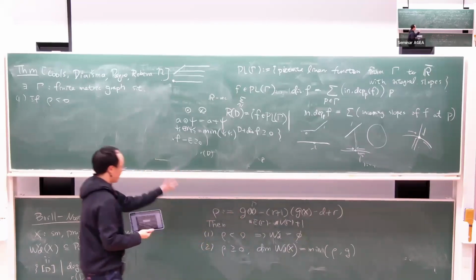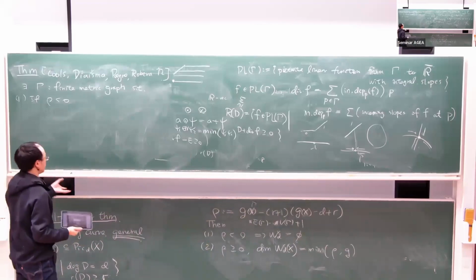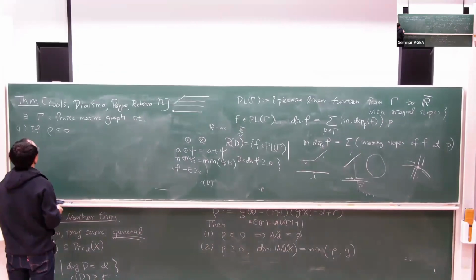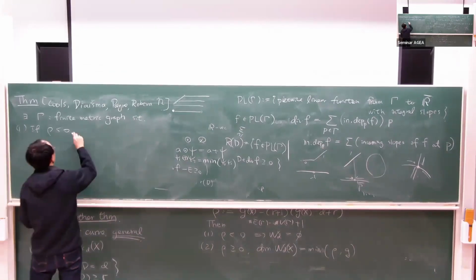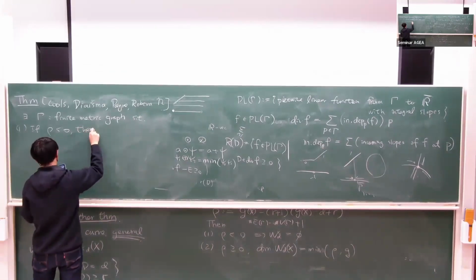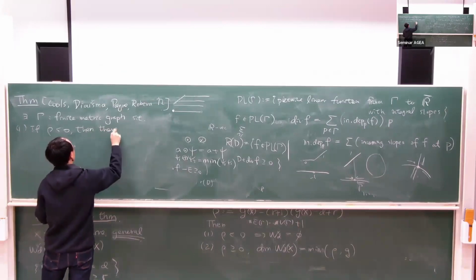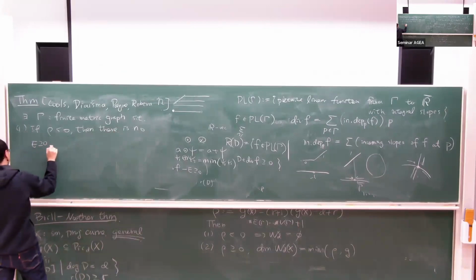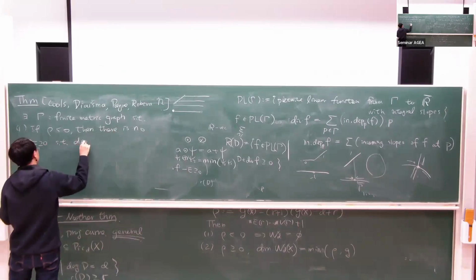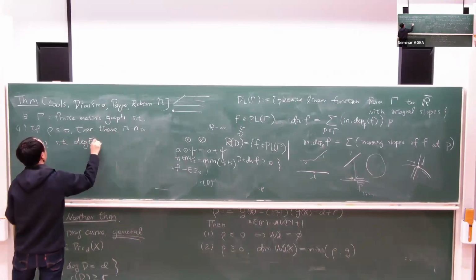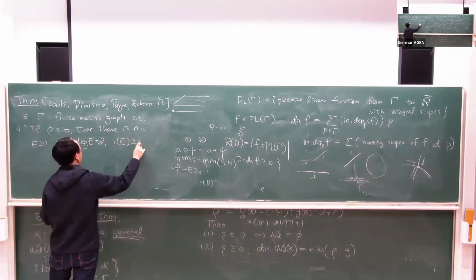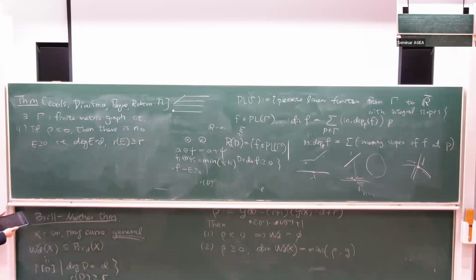So you can define the Brill-Noether number for a graph, and if the Brill-Noether number is negative, then they assert that there is no effective divisor E such that degree E is D, and the rank of E is greater or equal to R. In other words, it says that W^r_d is empty here.